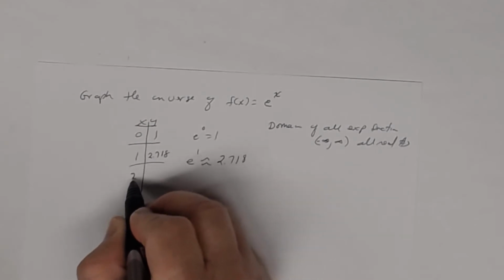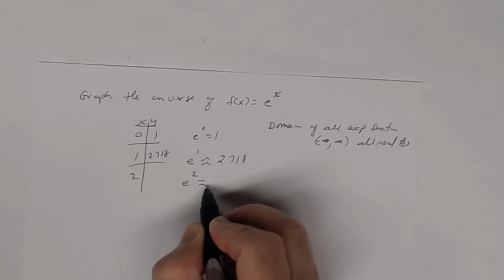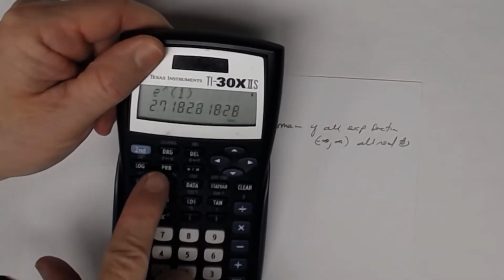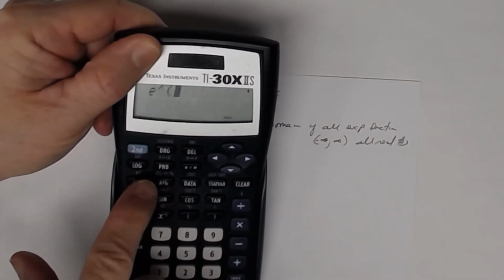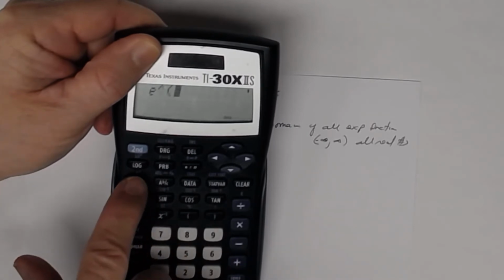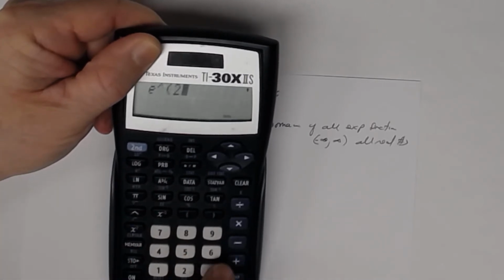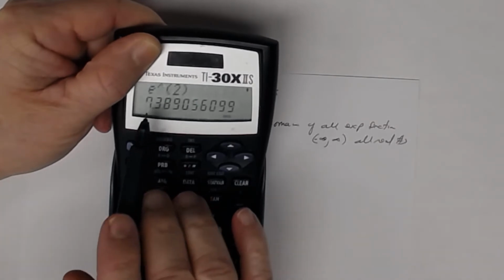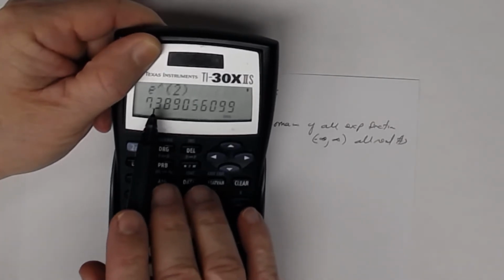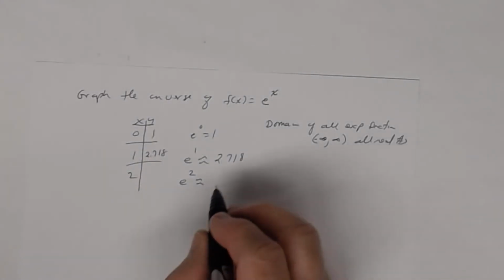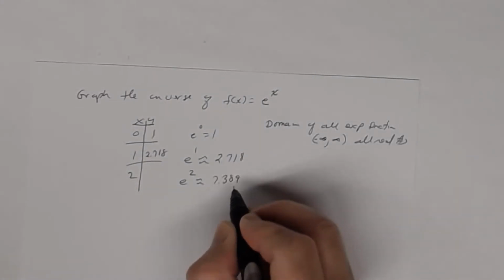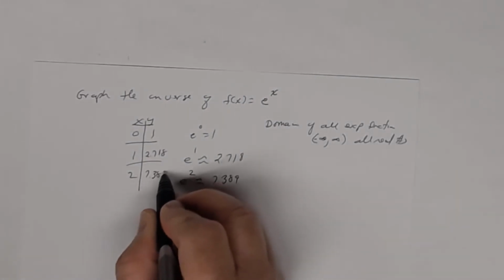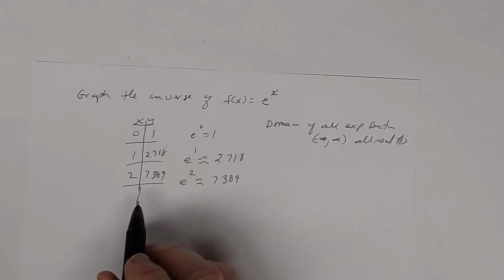If x is 2, I get e squared. Let's approximate that: second ln to get the e function, and then 2. So e squared is approximately 7.389.